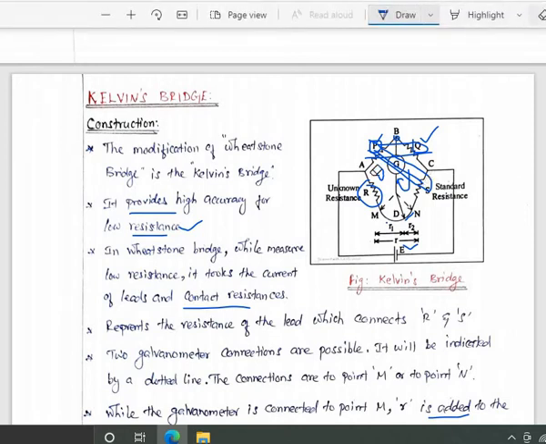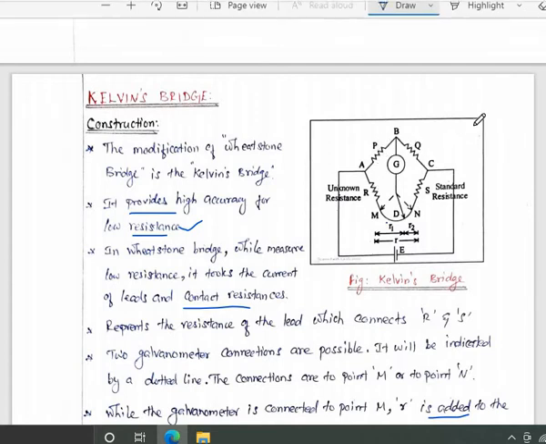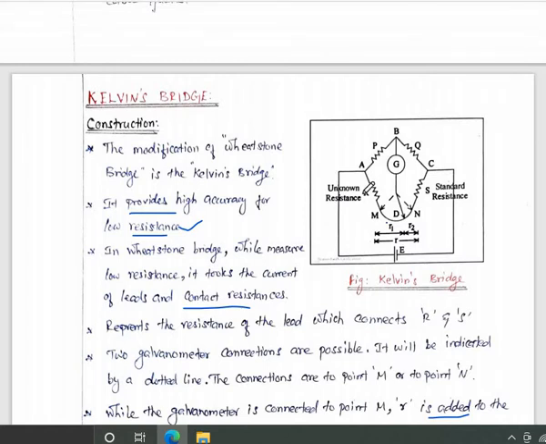The potential difference across PQ and PS is equal, and maybe PR and QR are also equal, but R is the unknown value, so we can't get the exact value.